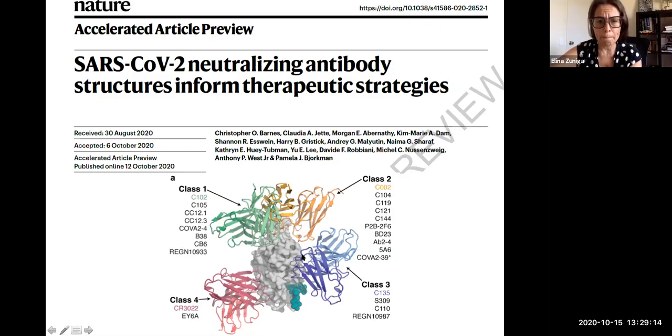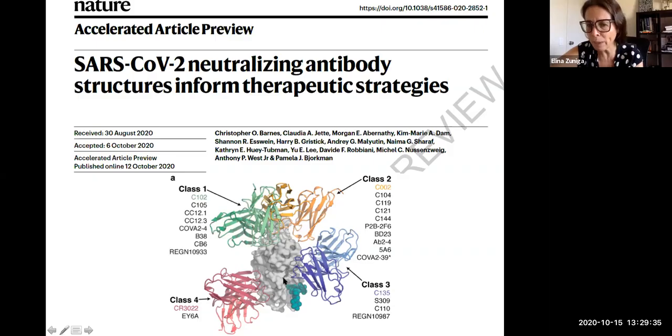Okay, there are different classes, and some of these neutralizing antibodies bind to the upper part of the receptor binding domain. So you can see this also illustrates how they are highly specific. This is just a part of the viral protein, the part that binds the receptor.